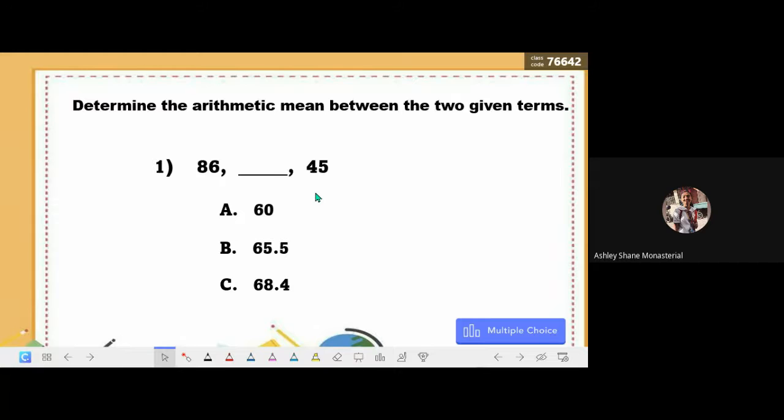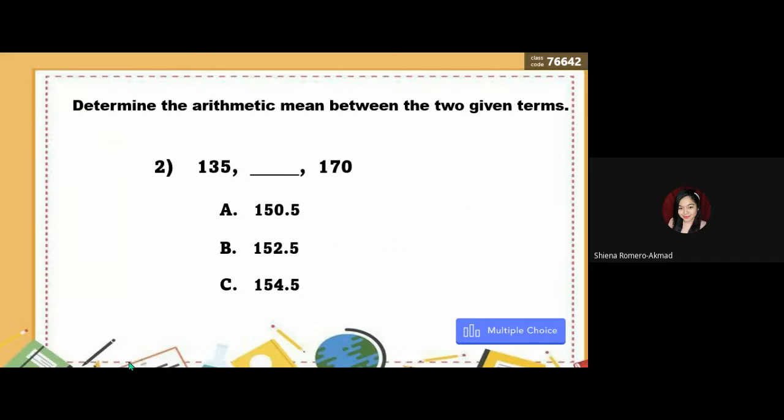Letter B. Okay? So, pag inadd natin sila, we'll have 131. So, magiging 131 divided by 2 yan. So, that gives us 65.5.